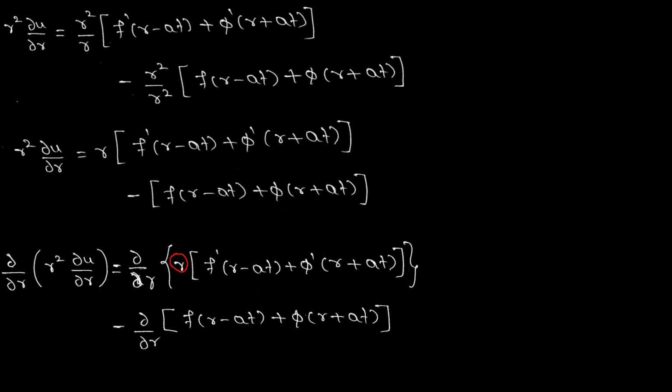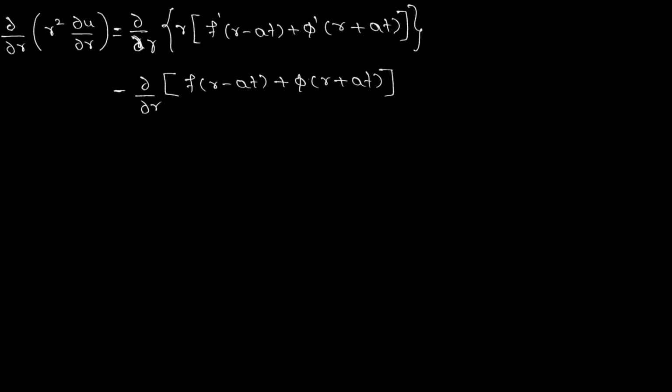R is one function and this is another function. Let us differentiate this using the product rule. I have taken the same step from the previous slide. Let us apply the product rule now.